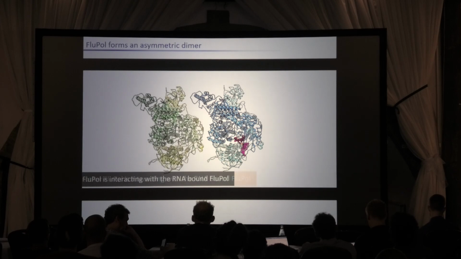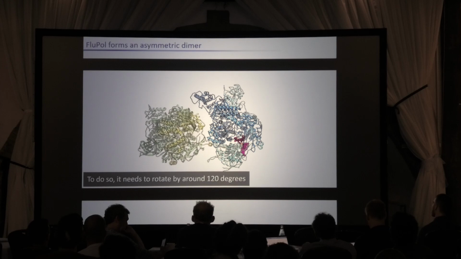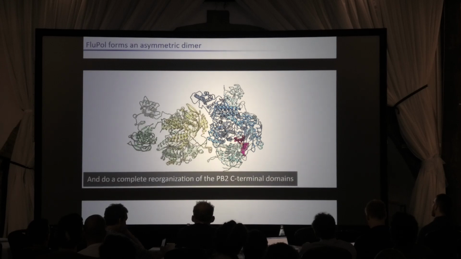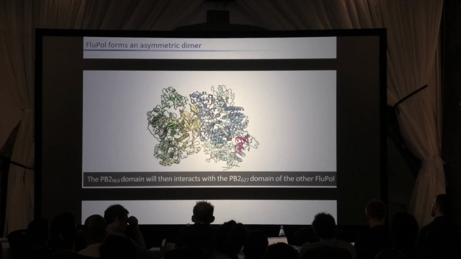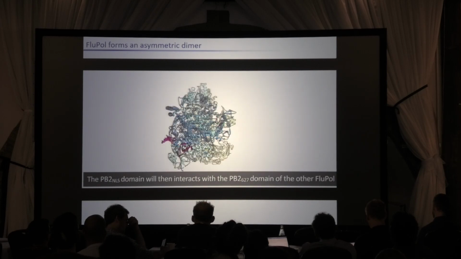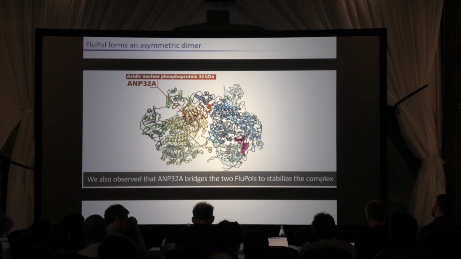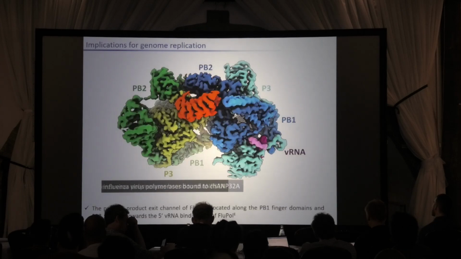For the second copy, it's rotated and comes in, and then you see these massive conformational changes in the domains in PB2. And then sitting between these two dimers is AMP32.